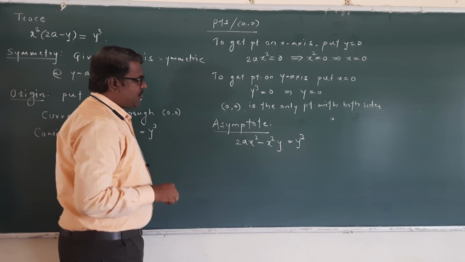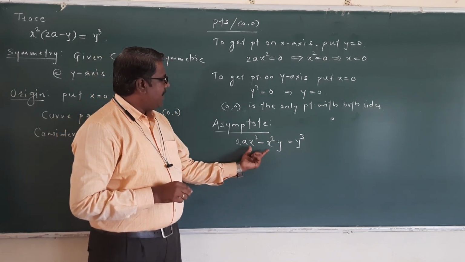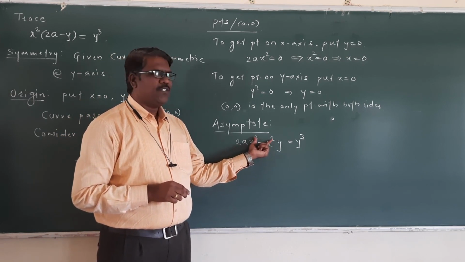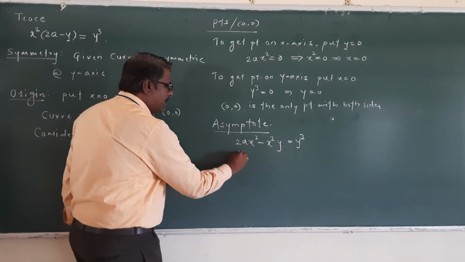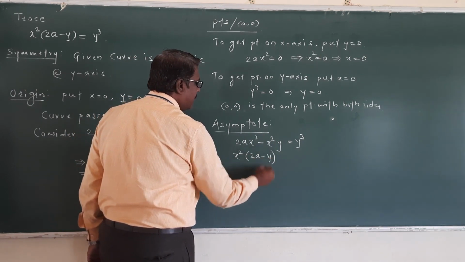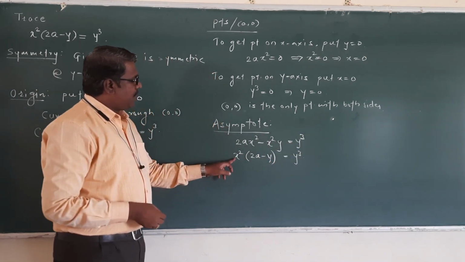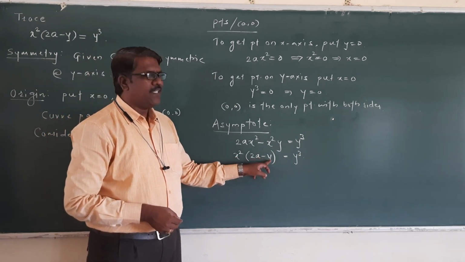Now in this equation, which is the highest power of x? Yes, x square is there at two places. So the highest power of x is 2. Then I take x square common. Then what remains is 2a minus y, which is equal to y. Now the highest power of x is x square and its coefficient is 2a minus y.